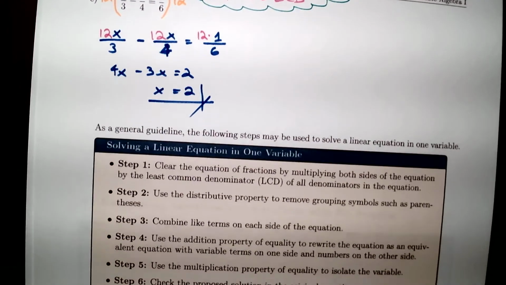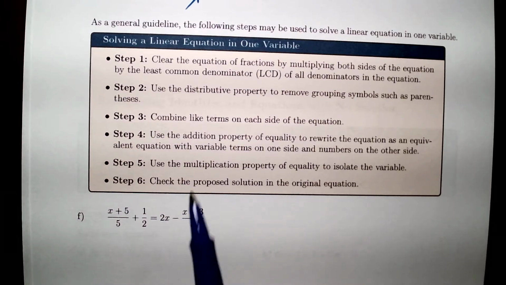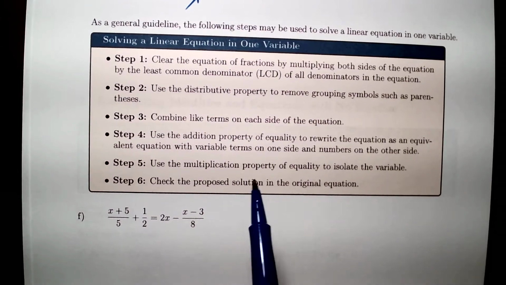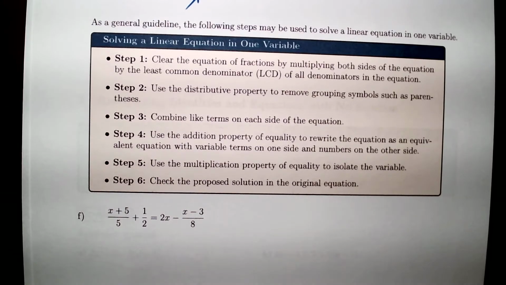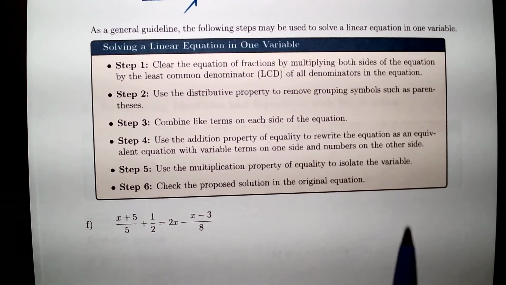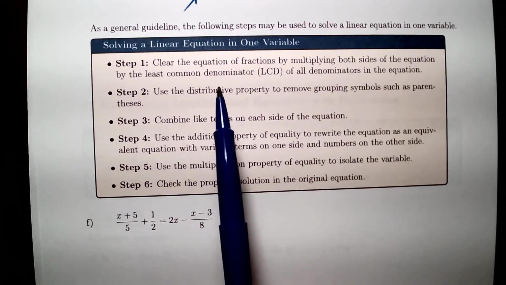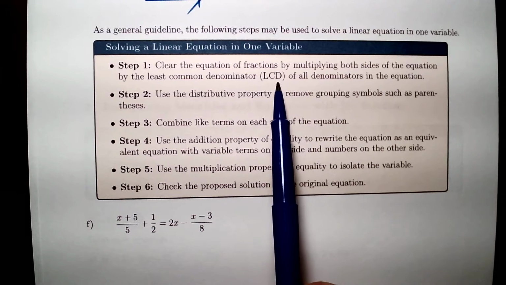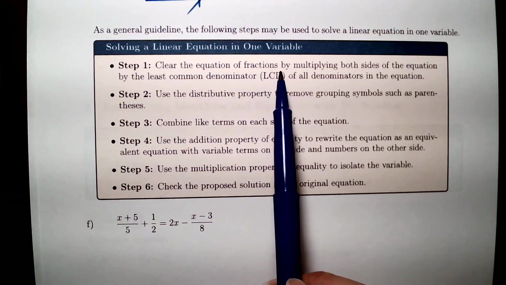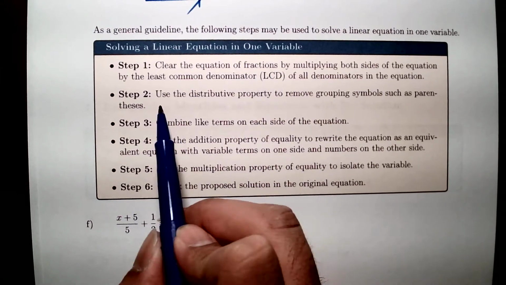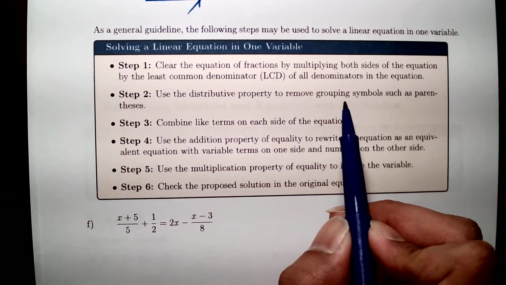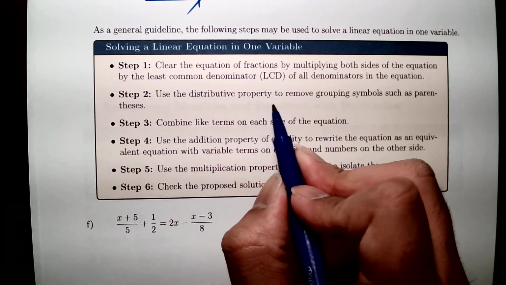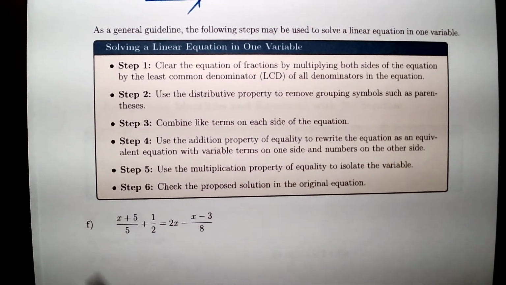In this box right here, you have a summary of steps on what to do every time you are to solve a linear equation in one variable. The most prominent thing to do, every time we have fractions, just like the previous example, is find the LCD. If necessary, use the distributive property to remove grouping symbols, just like the previous examples that contain parentheses.